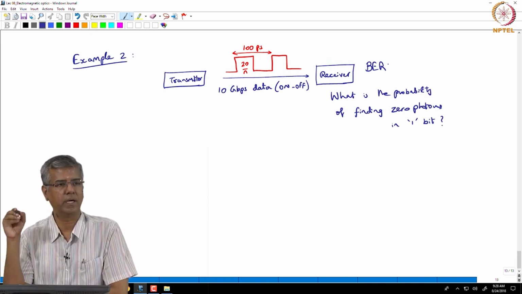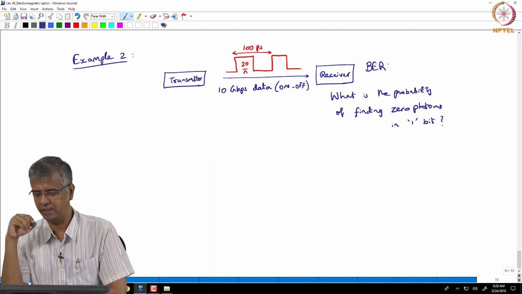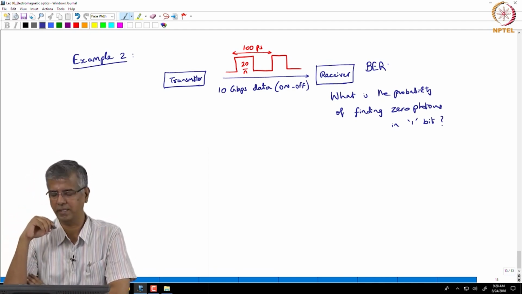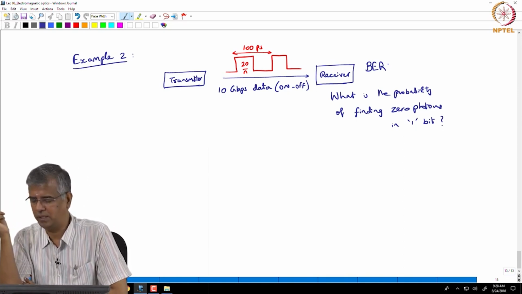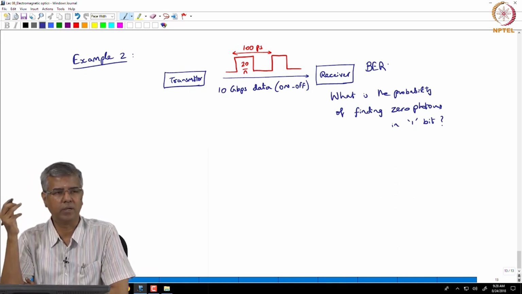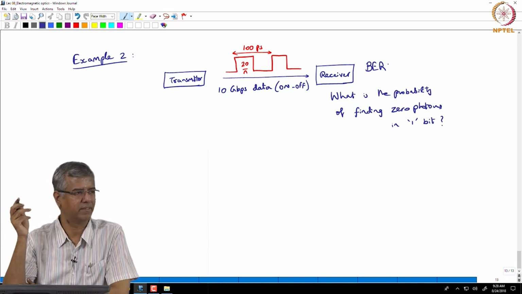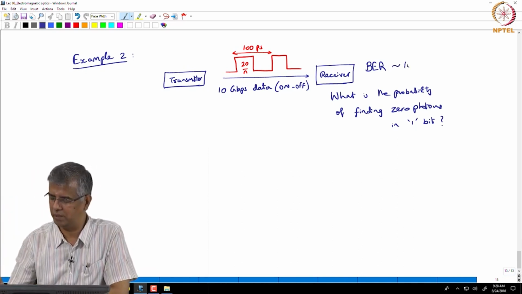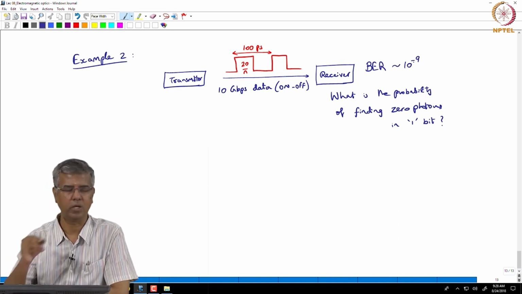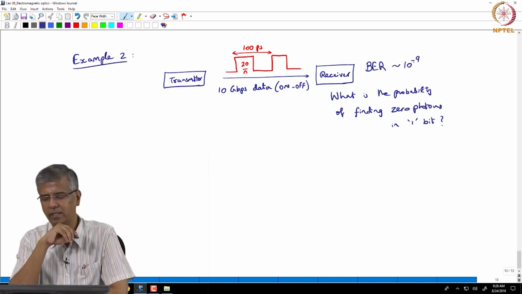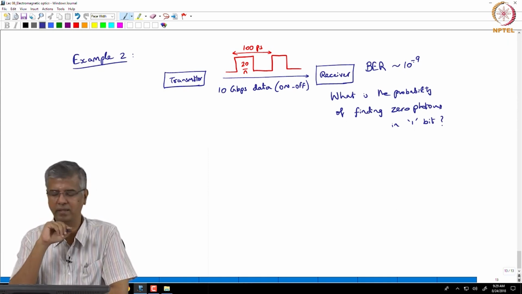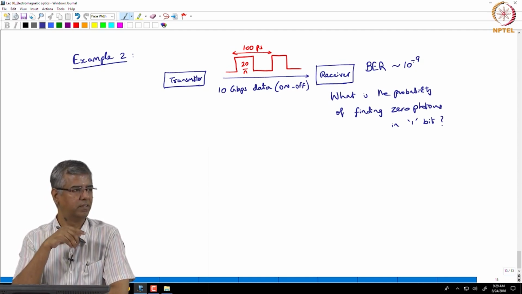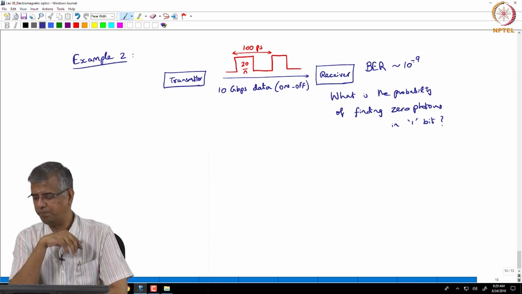So you want to look at the error rate that you are having in the communication, and typical bit error rates in optical communication, you try to look at 10 power minus 9. So you want to achieve a BER of 10 power minus 9. One in a billion bits can be in error, but not more than that. Did you have a question? No. Okay.